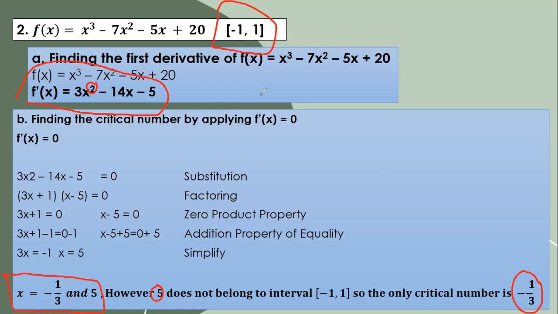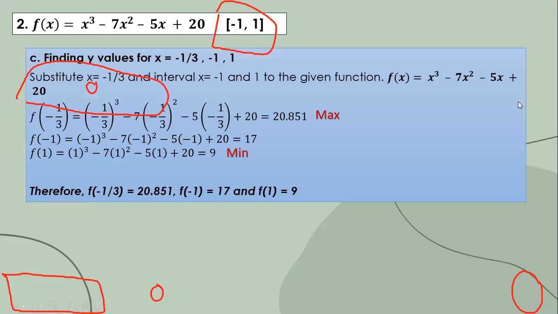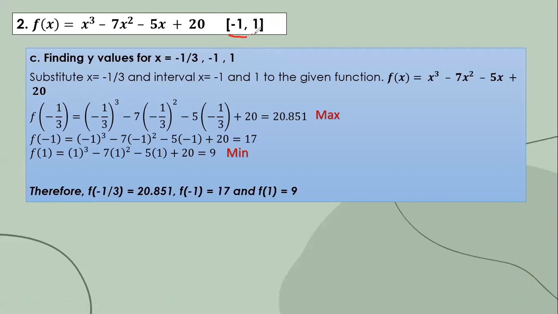So, itetest natin kung nasan na ba yung maximum and minimum through our third step. Third step, substitute the values. Okay? So, negative 1 tsaka 1. Tapos, yung negative 1/3 is the critical point. So, by substituting each point, each value of x.